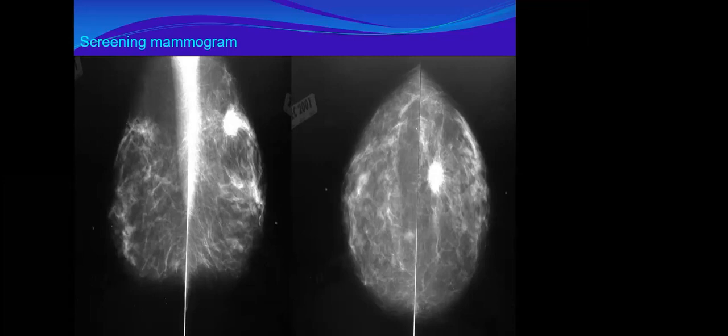There is no associated skin thickening or calcification. It is not very clear, the skin here.